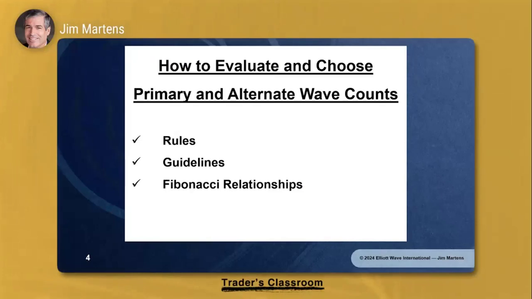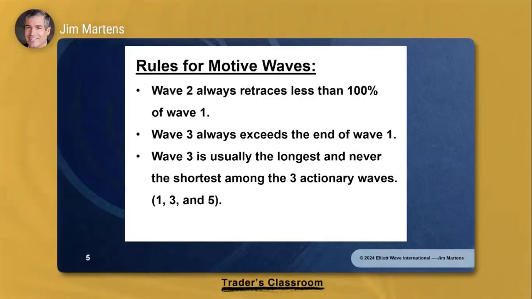So let's go ahead and move through the rules. Normally there are three rules, but for this discussion I've expanded the list. Wave 2 always retraces less than 100% of wave 1. Wave 3 always exceeds the end of wave 1. Wave 3 is usually the longest, and it's never the shortest among the three actionary waves, 1, 3, and 5.